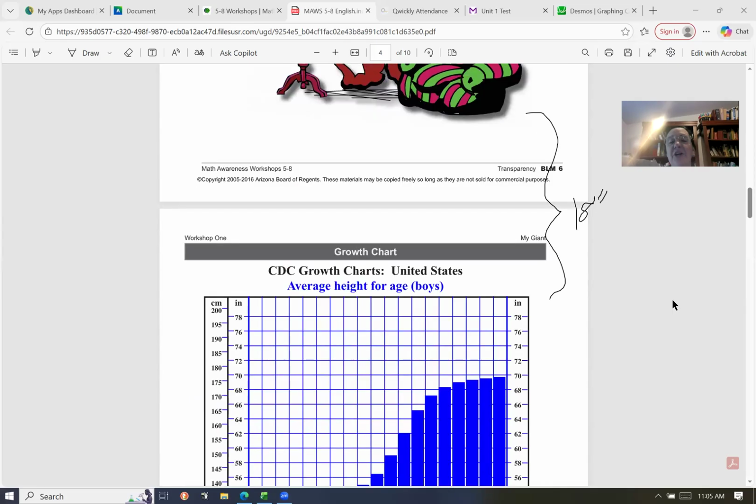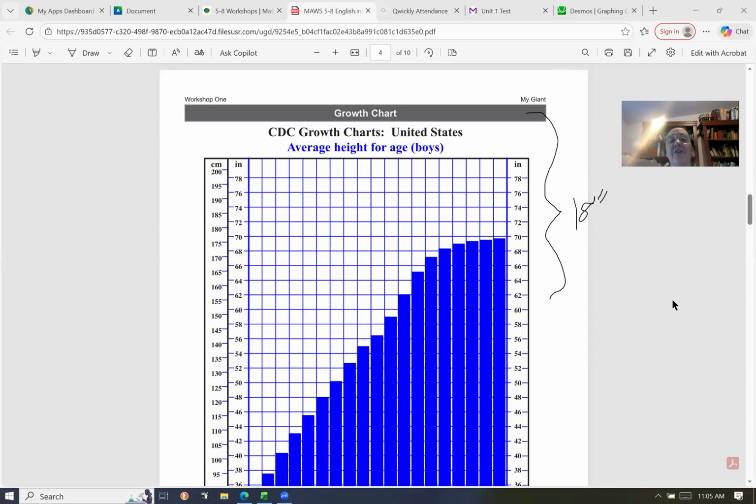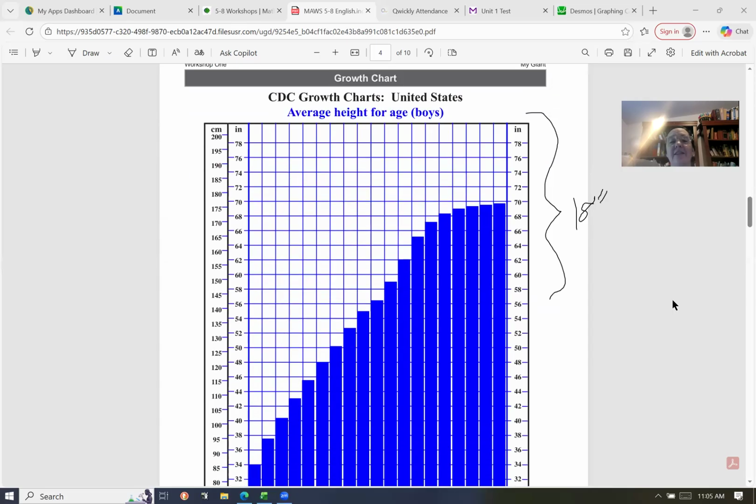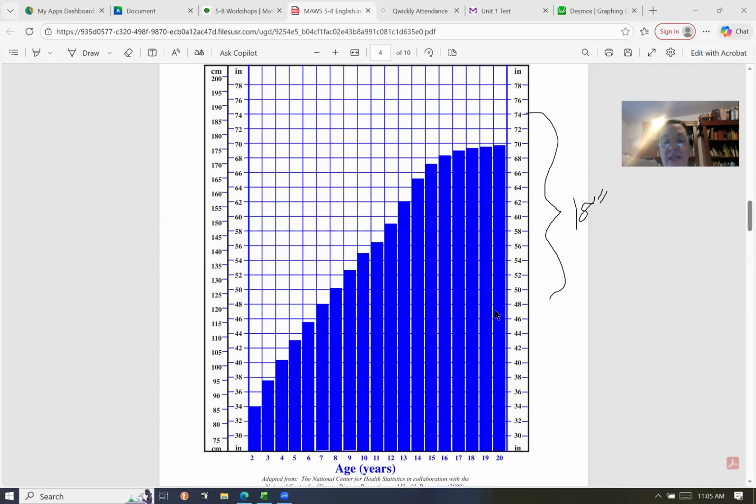Also, here's a little bit of information showing the average height for boys at different ages. So we can see here the average height for a 16-year-old was just above 68 inches. A 17-year-old is about 69 inches.